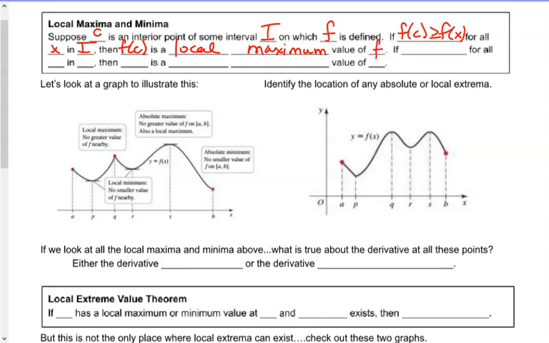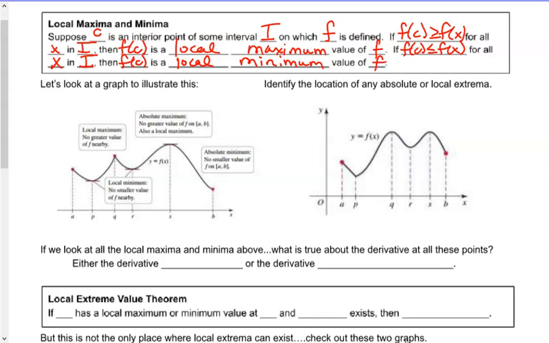Notice we went from D being the domain to I being a smaller interval. Now, if f of C is less than or equal to f of x for all x in a smaller interval I, then that f of C is a local minimum value of f.